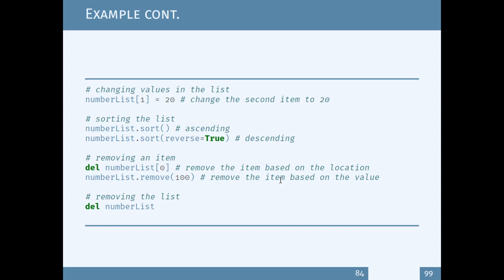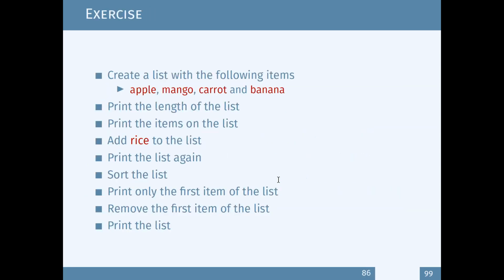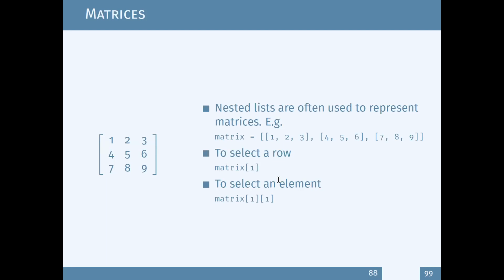But please note that in case you have multiple items with the same value, it will remove the first instance. Right, here is the list of methods that we have discussed, and we did this example. Then we looked at nested lists, and finally we ended with matrices.